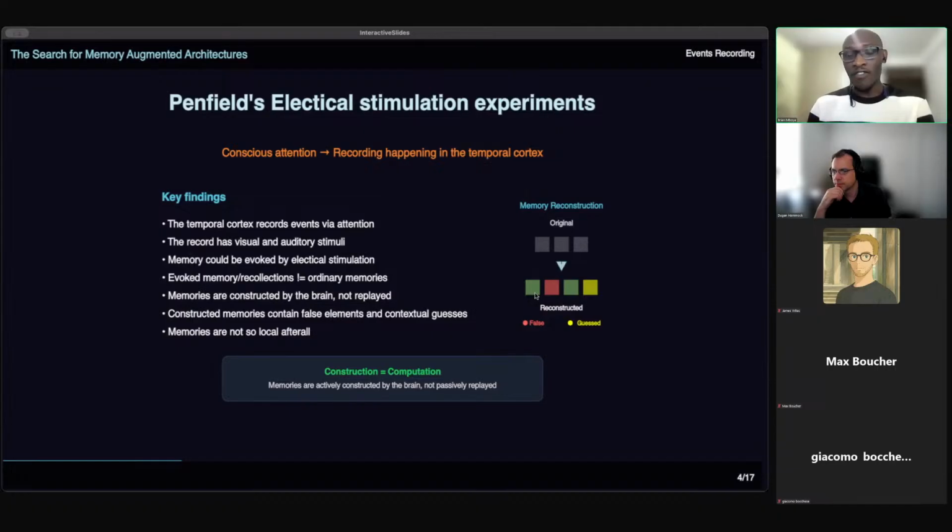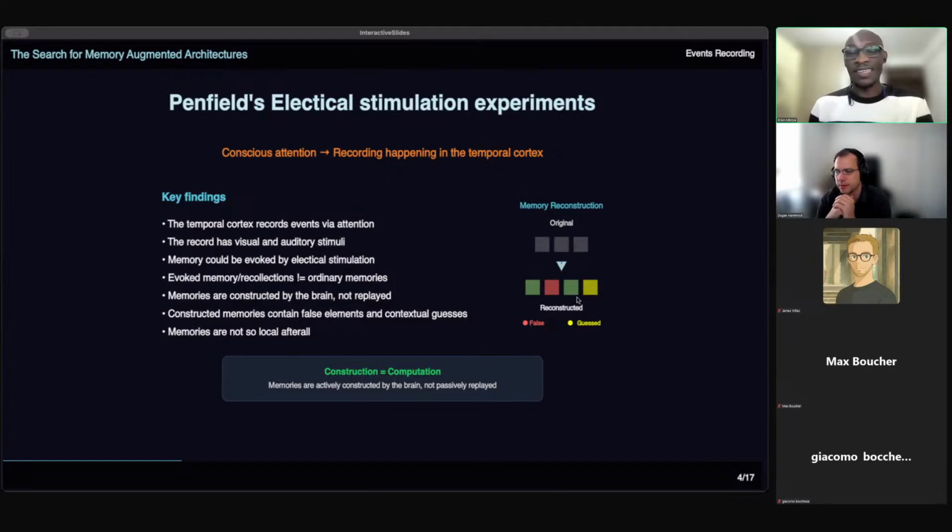This idea of remembering, the brain reconstructs the original event, and then you get a list of different outputs like false memory, guessed memory, and actual memory. The green is the actual memory from the original one, and then you get the red ones, which are false memories, but they are reconstructed from the original ones, and also guessed ones.